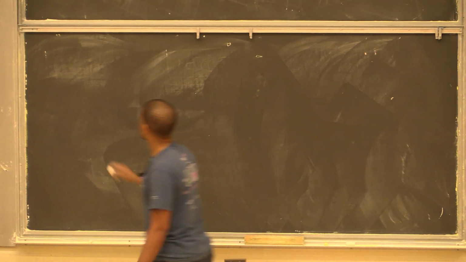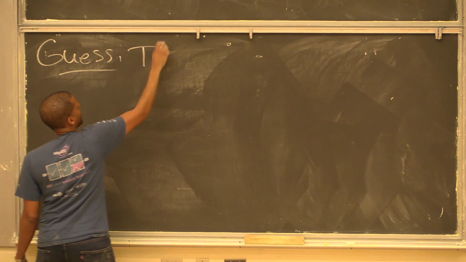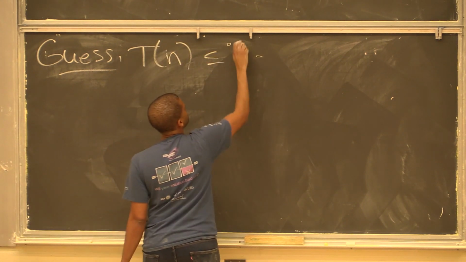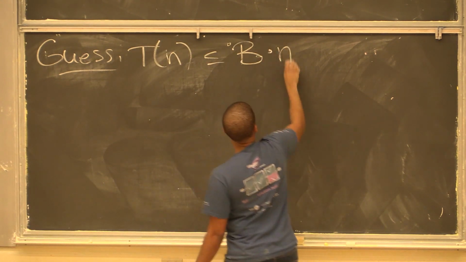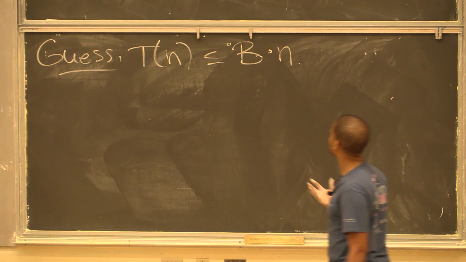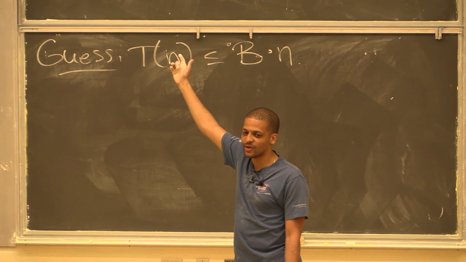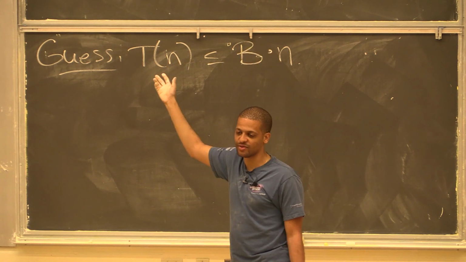So let's just guess that T of n is at most b times n. I'm going to be slightly sloppy in this proof: in reality, I need to say something like the ceiling of n over 5 and the ceiling of 7n over 10.